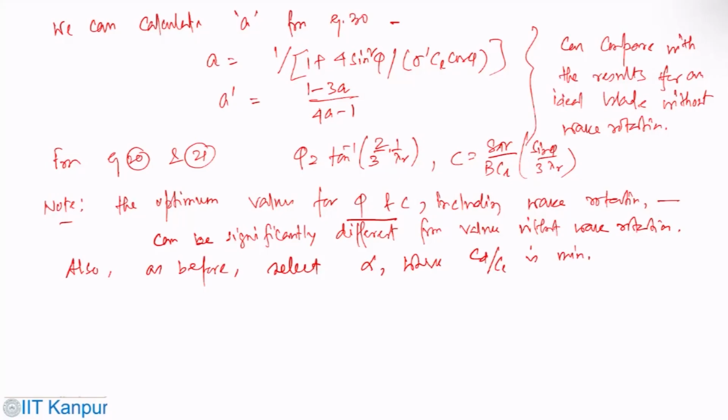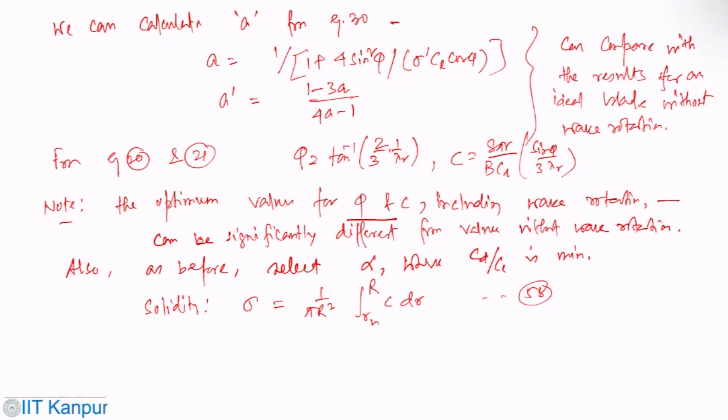Now, solidity is again the ratio of the planform area of the blades to the swept area. So what we get is the solidity sigma equals 1 by pi R square times the integral of C dr. Now, again, one can find out the optimum blade rotor solidity.